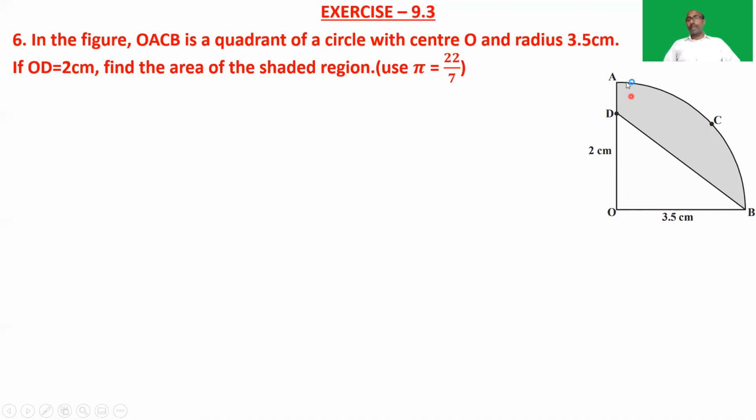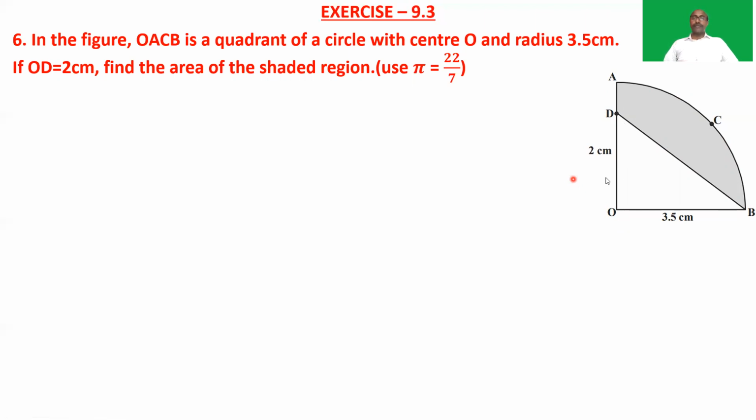In this problem, the area of the shaded region is equal to the area of the quadrant of the circle minus the area of the triangle. And what is meant by a quadrant of a circle? The quadrant of a circle is nothing but the sector with sector angle 90 degrees, or we can understand it as 1/4 of the circle.